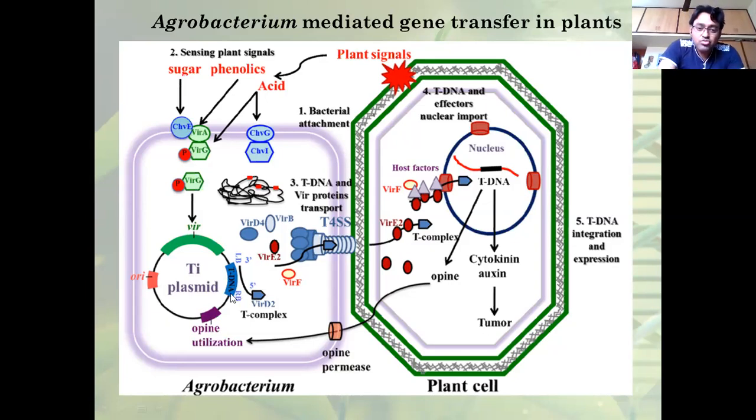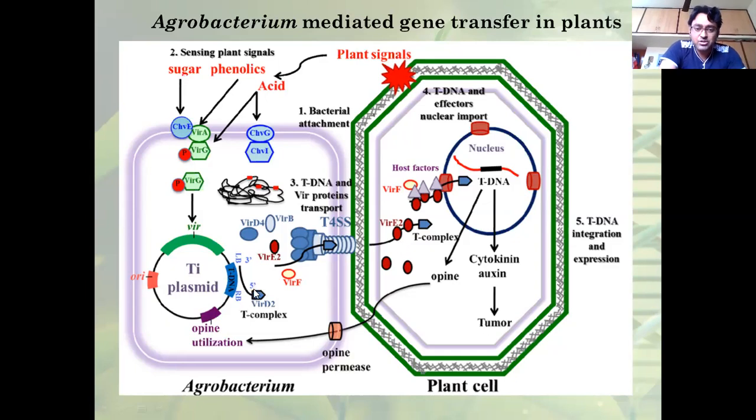At the 25 nucleotide repeat border sequence, VirD1 can cut the tDNA at a particular sequence, and then VirD2 caps the 5 prime end. It acts as a capping-like molecule to protect this tDNA from degradation in the plant cell.